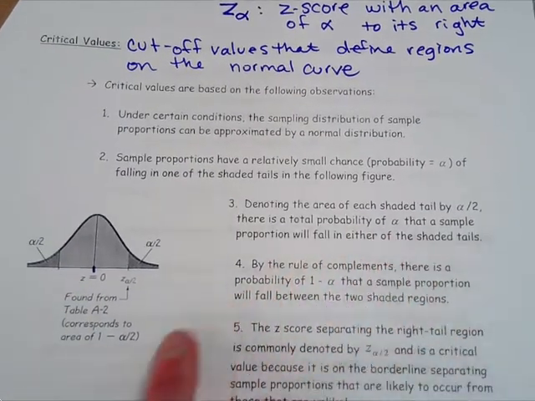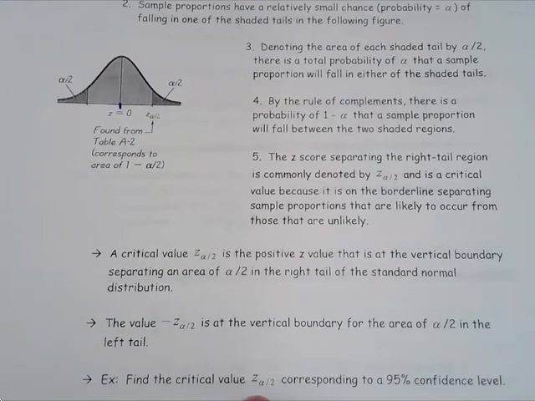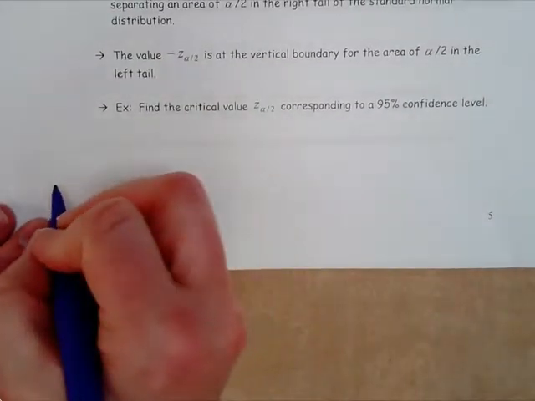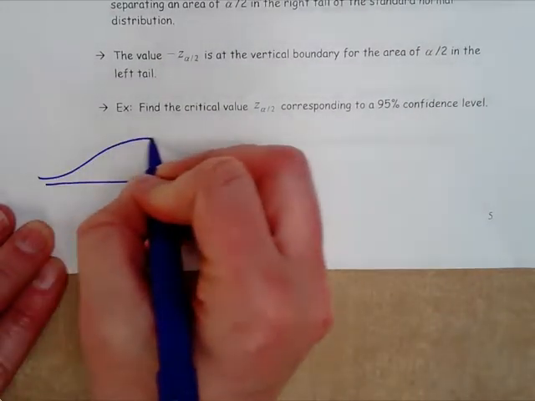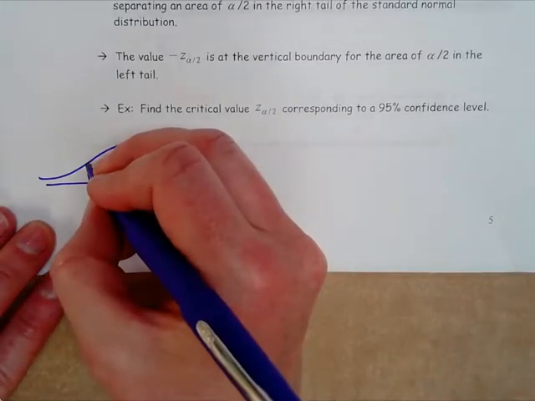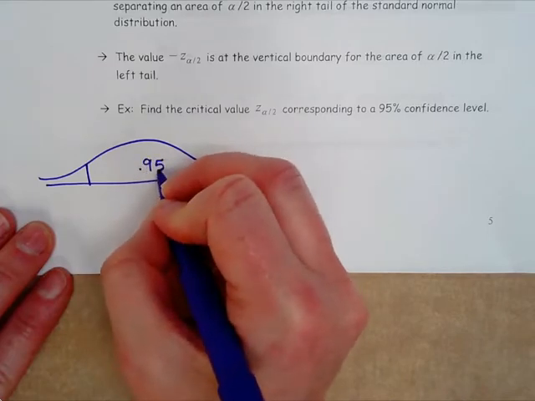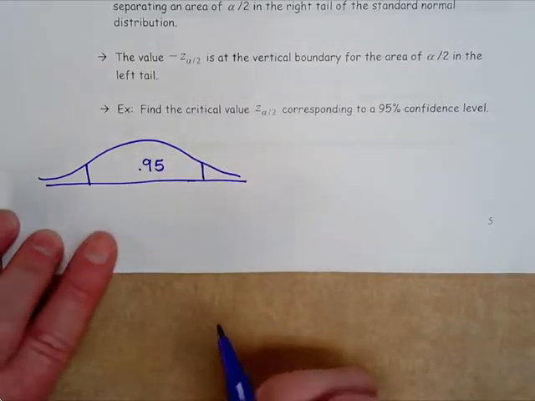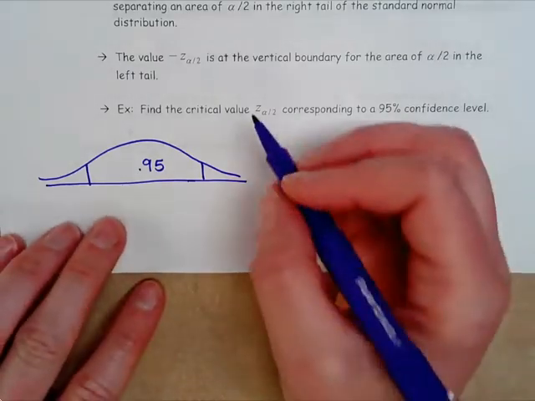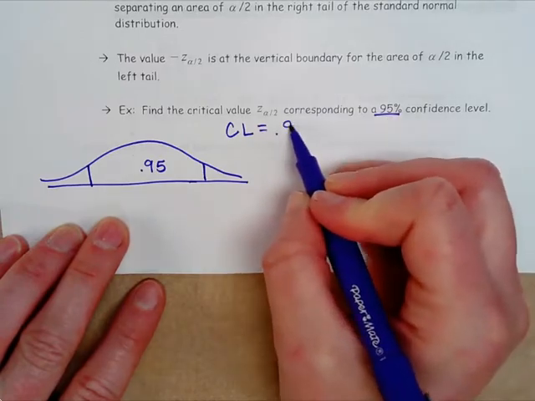So we'll look at the example. It says find the critical value corresponding to a 95% confidence level. So let's draw our normal curve. We want 0.95 as the area. So we need to find out what alpha is and then what alpha over 2 is. So our confidence level on this one is 0.95.